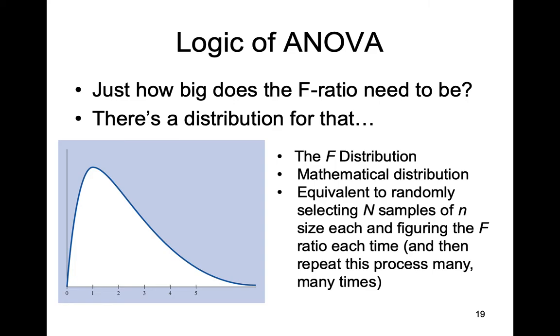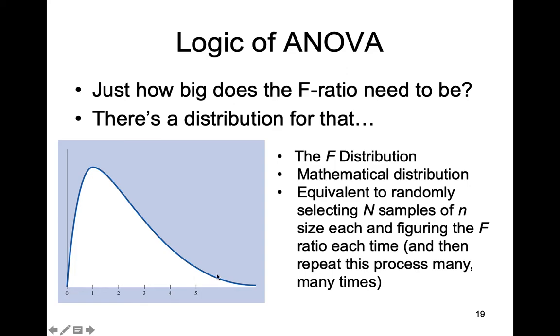It's equivalent to saying what would happen if we randomly selected a large number of samples of a particular size, and then we figured the F ratio each time, and put that F ratio in a pile. And then we repeated the process many, many, many times. What this F distribution will tell us is, under the null hypothesis, what is the size of the F ratio that we can expect just due to randomness or chance.